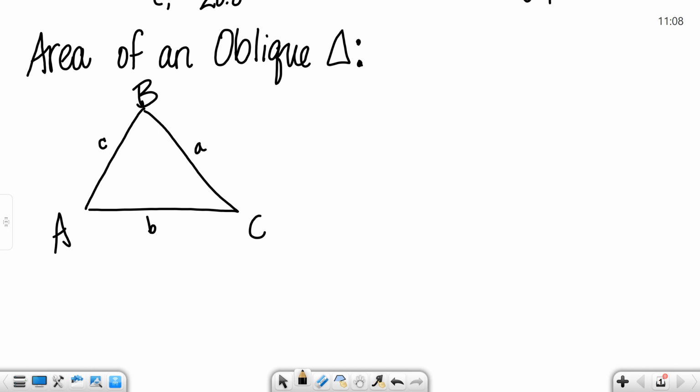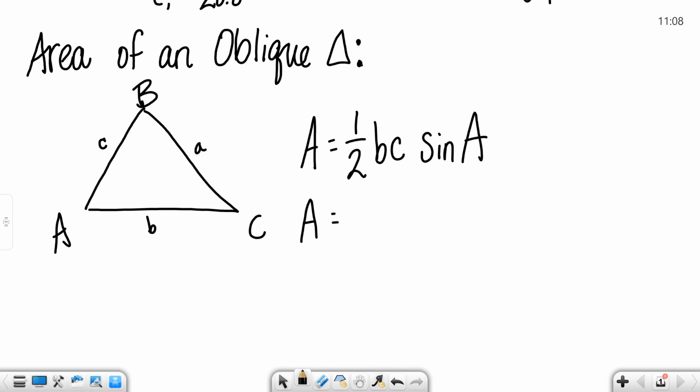Okay, so to find the area of this triangle, usually we know the height because we have a right angle. Well, we don't have the height this time. So the formula for finding the area of an oblique triangle is we say 1/2 bc times the sine of angle A. Or, let's say it was given different information.